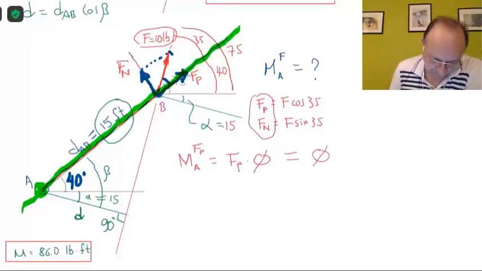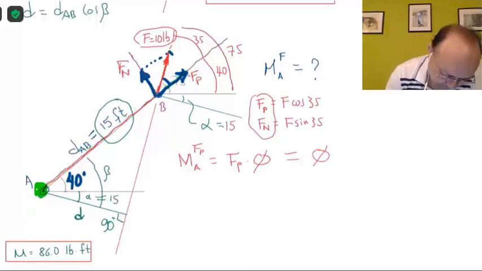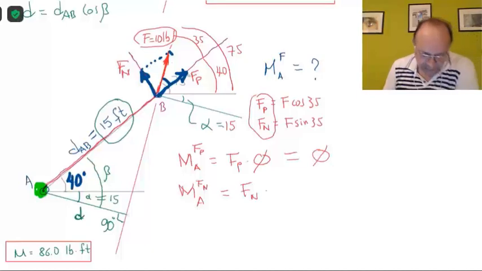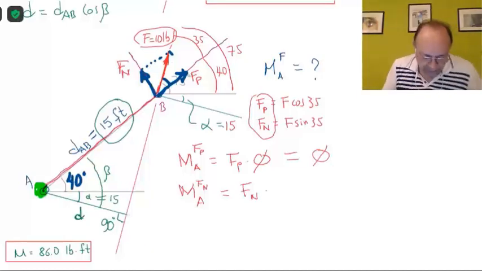is 0. Now, for the component Fn, let's calculate the moment with respect to A of the force Fn. Fn times the distance perpendicular from A to the line of action of Fn.